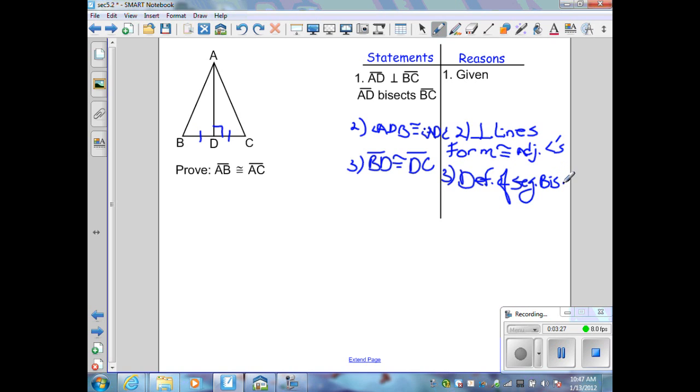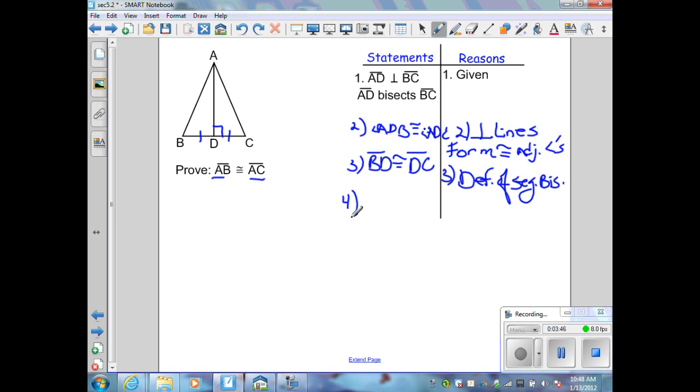I also could say definition of midpoint. Now, my goal is to get triangle ADB congruent to triangle ADC, and from previous sections, I can then use CPCTC to get what I need to prove, which is that segment AB is congruent to segment AC.